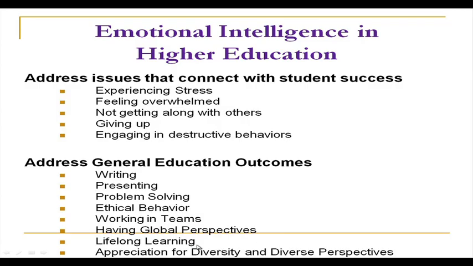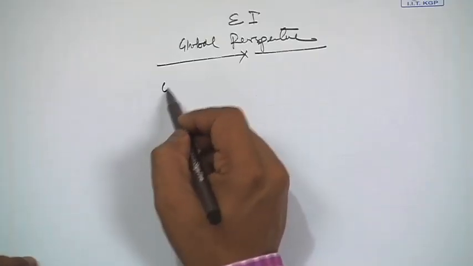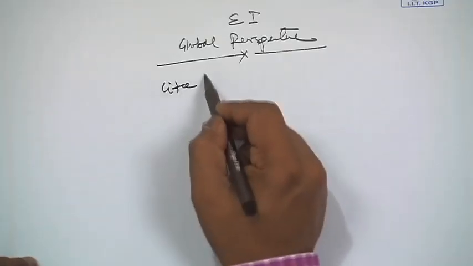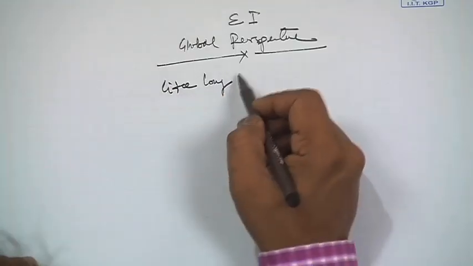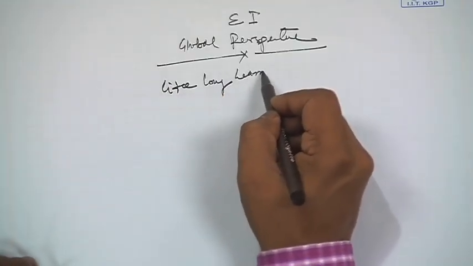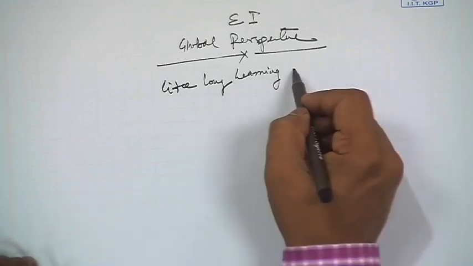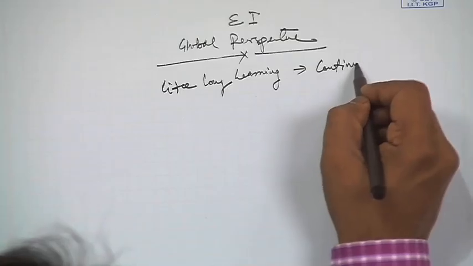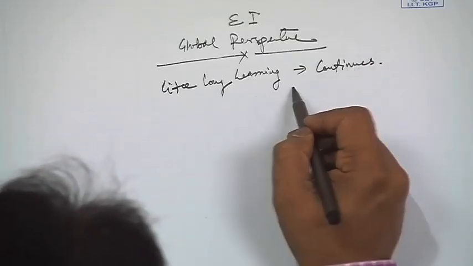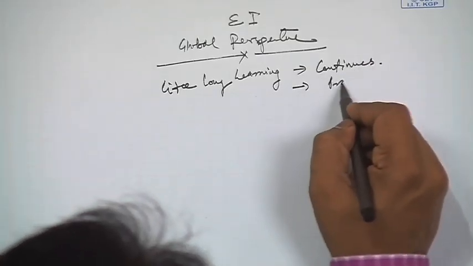Lifelong learning. So, learning is endless. Emotional intelligence encourages lifelong learning. That means it is continuous. You need to practice.